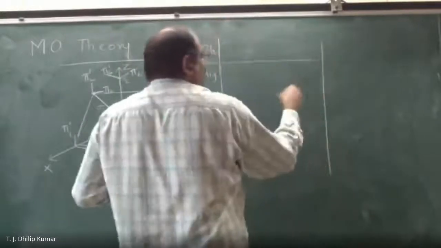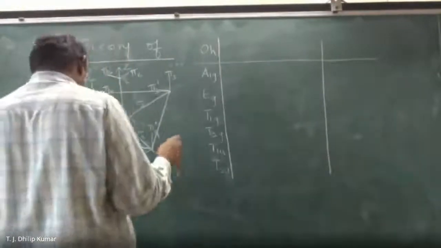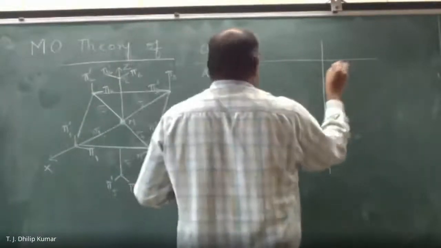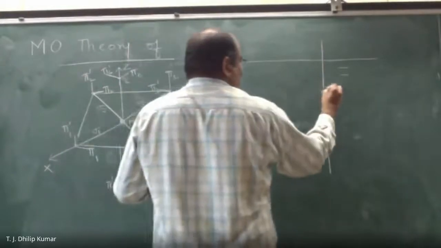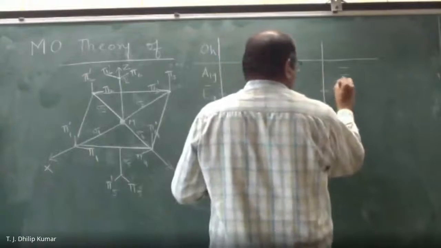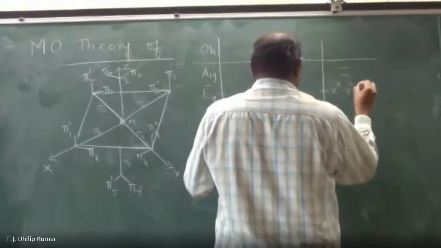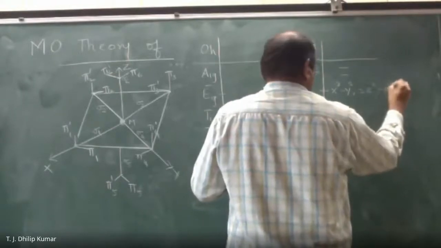I'm not writing the characters or corresponding values. So I just call this one A1g. A1g doesn't have anything here, there are some blanks. For Eg, this x square, y square, into z square minus x square minus y square.